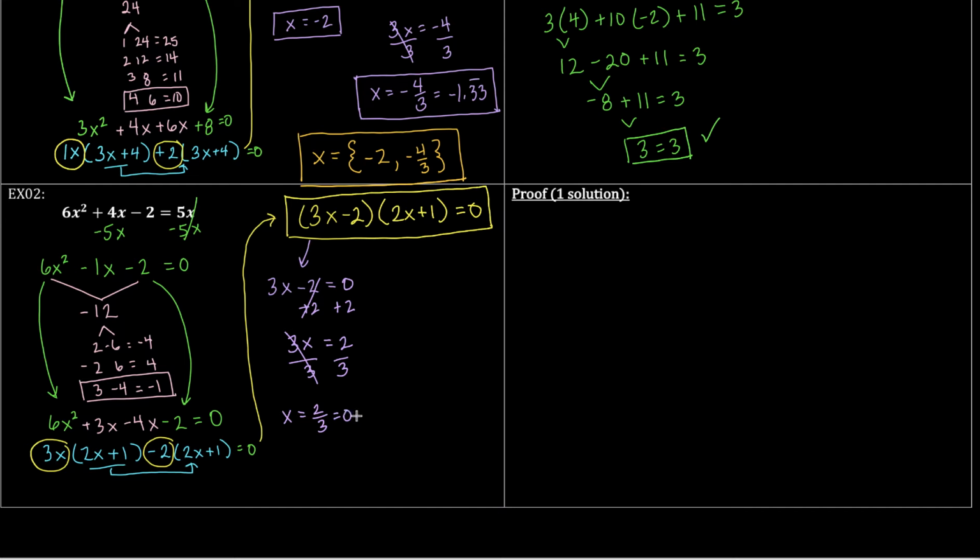If you prefer, 0.66 repeating. And then let's do this one, 2x plus 1 equals 0. Minus 1, minus 1. 2x equals negative 1. We end up with x equals negative 1/2, or if you prefer, negative 0.5.